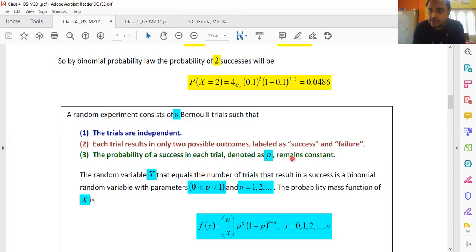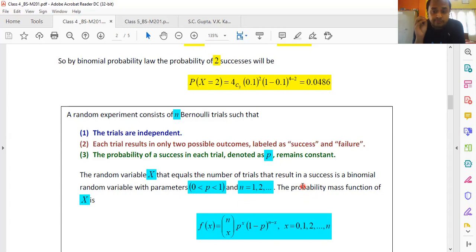Now I am defining something which is written below. The random variable capital X that equals the number of trials that result in a success is a binomial random variable with parameters p lying between 0 and 1, because p is a probability, and n = 1, 2, etc., the number of times you are repeating the experiment.